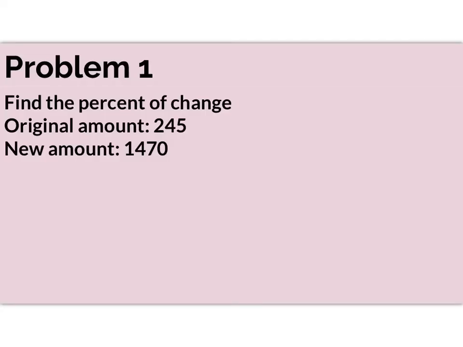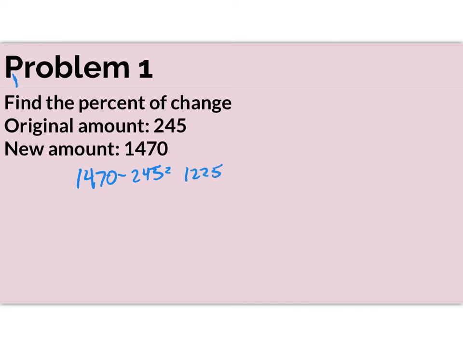Okay, so finding the percent of change. The original amount is 245. The new amount is 1,470. So find the percent of change. Our original amount was 245, our new amount 1,470. So we need to find the change. 1470 minus 245 equals 1225.